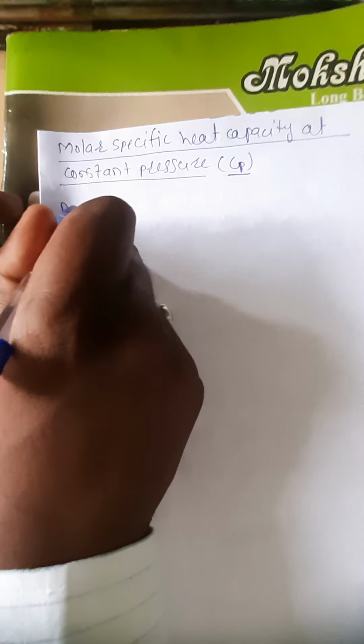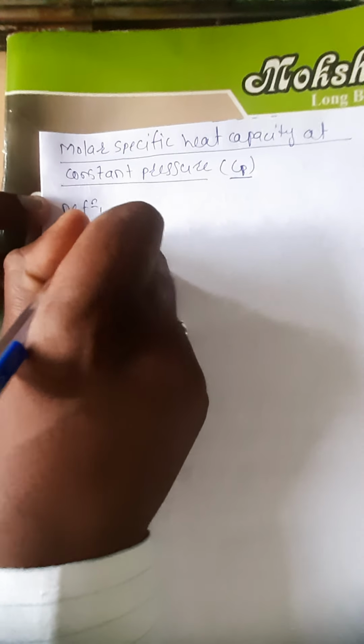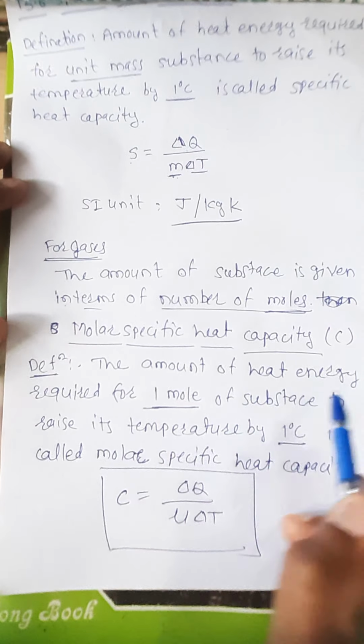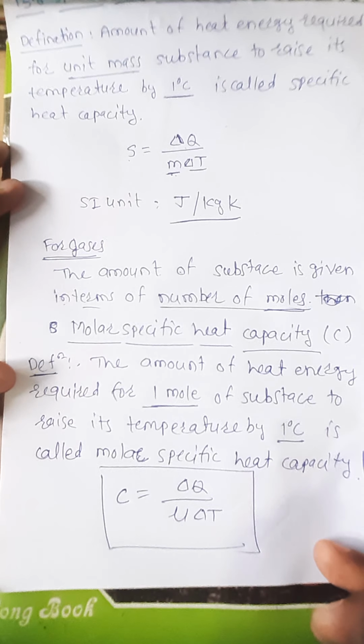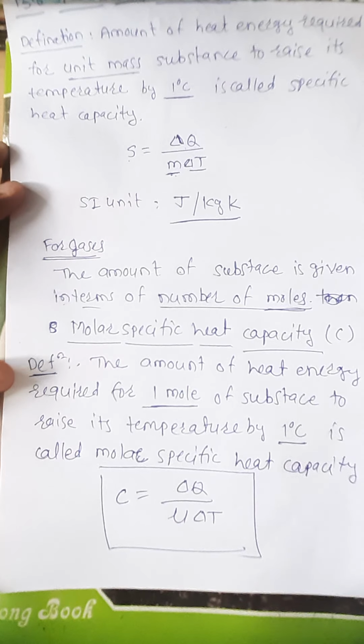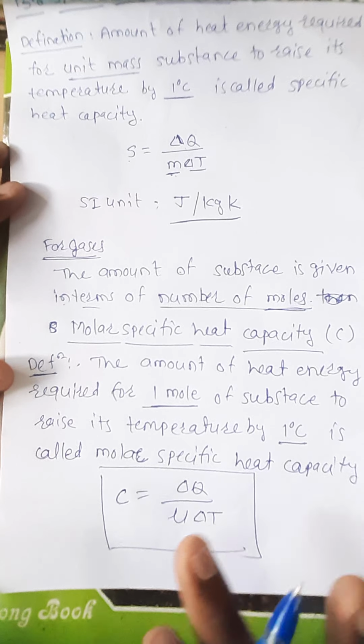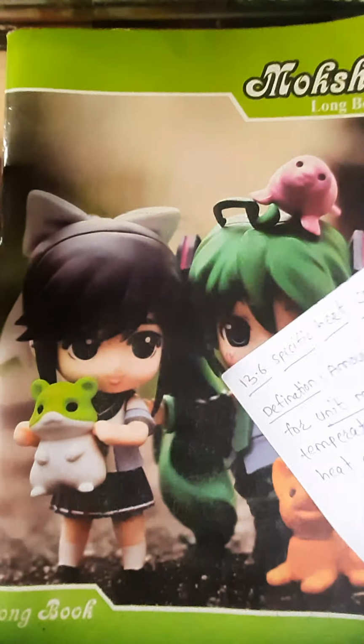Then what is its definition? Same as the earlier definition: the amount of heat energy required for 1 mole of substance to raise its temperature by 1 degree Celsius while keeping pressure constant is called molar specific heat capacity under constant pressure.